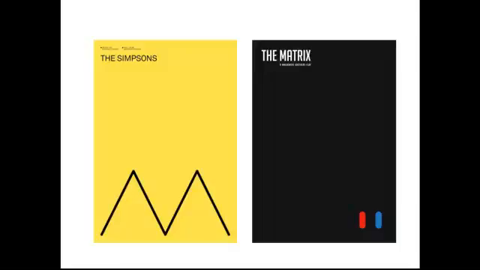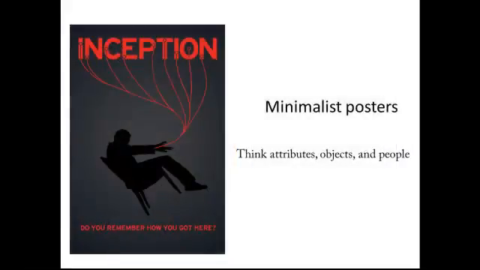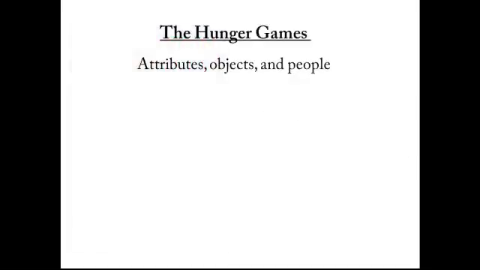So going back to the original idea of creating a Hunger Games poster for the library, we may want to create a minimalist poster. The best way to come up with a minimalist poster idea is to think of attributes, objects, or people that describe the movie. We might want to think of some of the attributes or objects that are in those books.